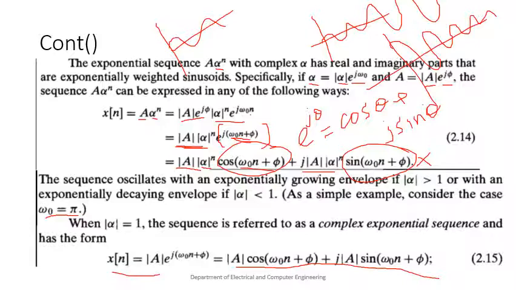So we will only be left with this real quantity. We will not have any complex part here. But when we consider alpha mod equal to 1, this sequence is referred to as complex exponential and has this form. Let's move on to the next slide and simplify it further.